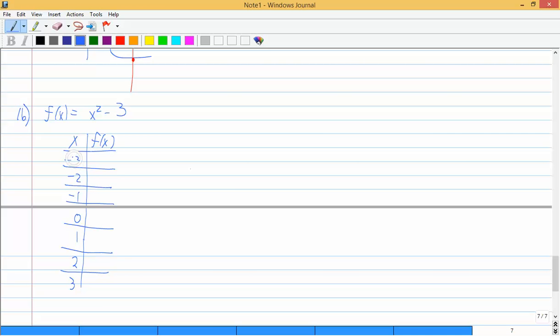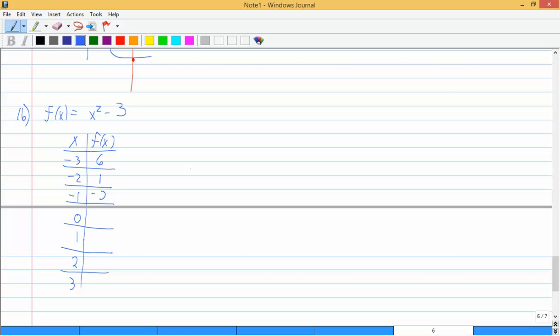So if you plug these in, plug them in each separately. If I plug in a negative 3 here, I'll get positive 9 minus 3. That's 6. If I plug in a negative 2 here, I'll get positive 4 minus 3. That's 1. If I plug in a negative 1 here, I'll get 1 minus 3.